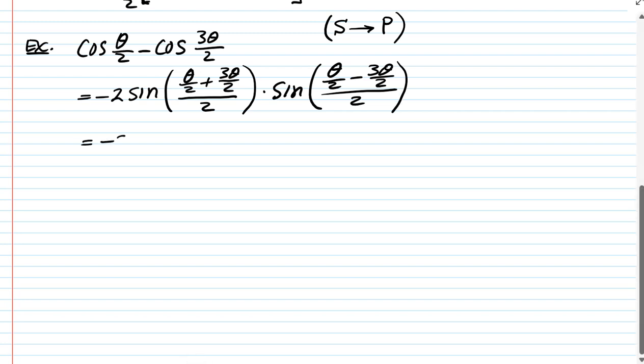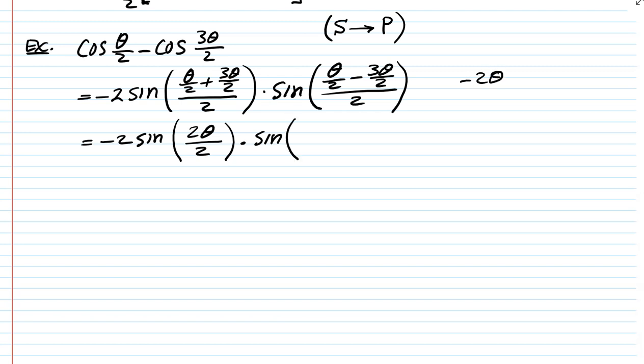And this is going to be -2 sine of, in the numerator of the first fraction, 3 plus 1 theta makes 4 theta over 2, correct? So that's 2 theta divided by 2. And in the second parentheses, theta over 2 minus 3 theta over 2 is -2 theta over 2, or just negative theta. That's negative theta divided by 2.